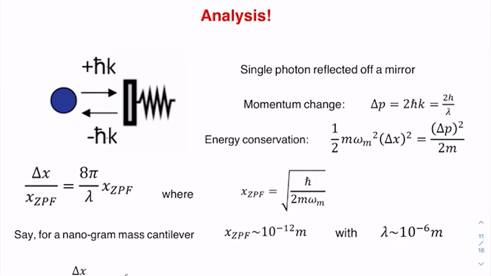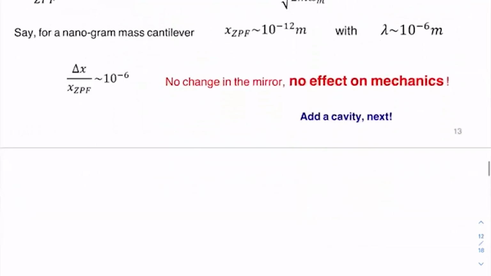So as I already said, when a photon is getting incident on this mirror, suppose this mirror is now movable, it is a mechanical oscillator, and this is a perfectly reflecting mirror, so the momentum change, as I explained, would be twice h cross k. Let me do the calculations here.